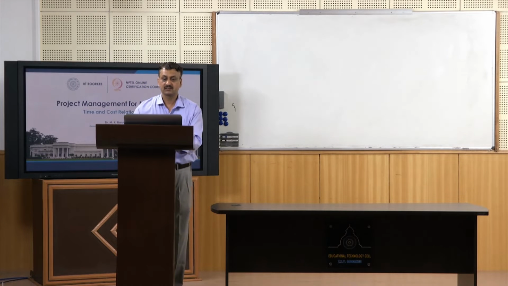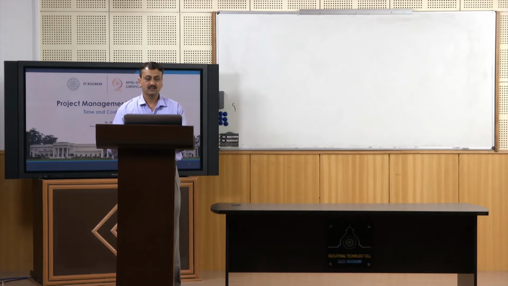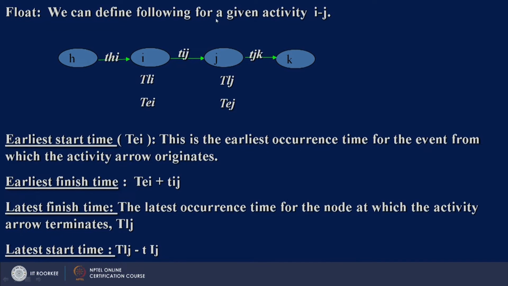So let us look at an example. We can define float for a given activity ij. Actually in this network there are 3 activities hi, ij and jk. So this thi is nothing but duration of activity hi, tij is duration of activity ij, and tjk is nothing but duration of activity jk, right.